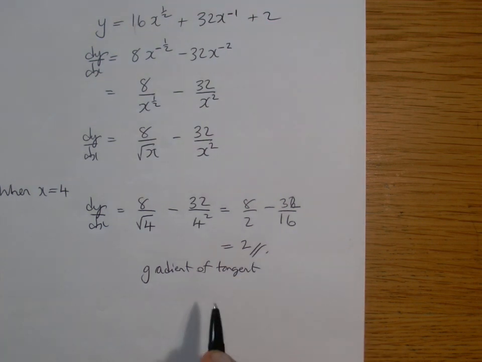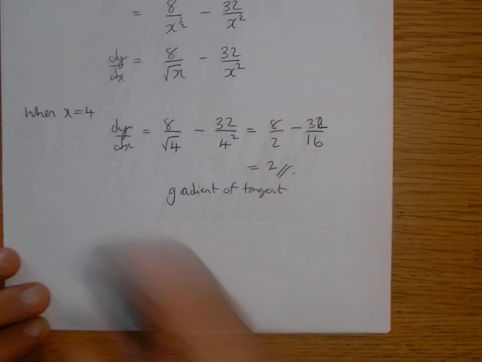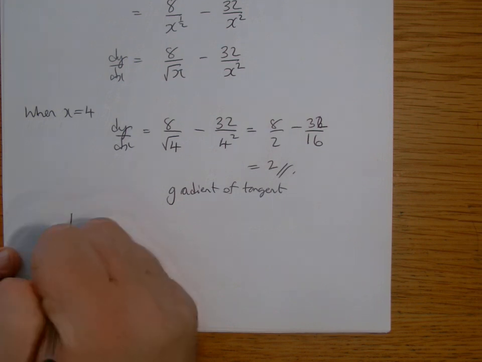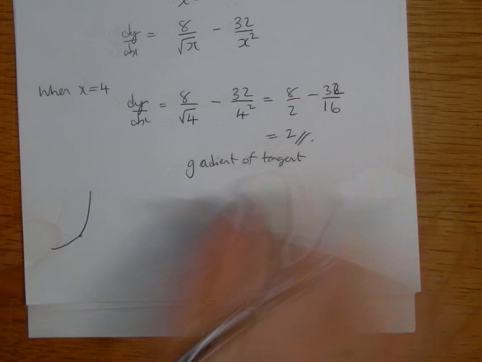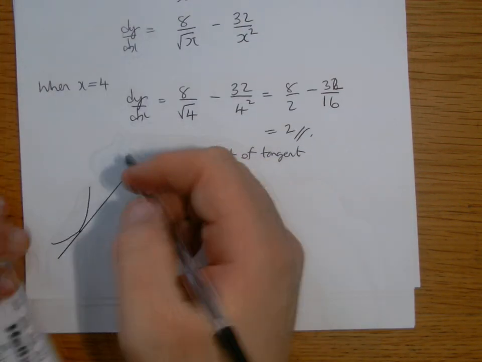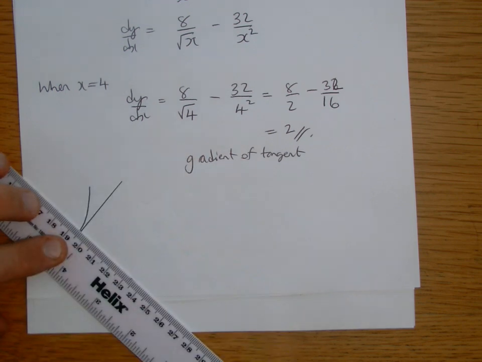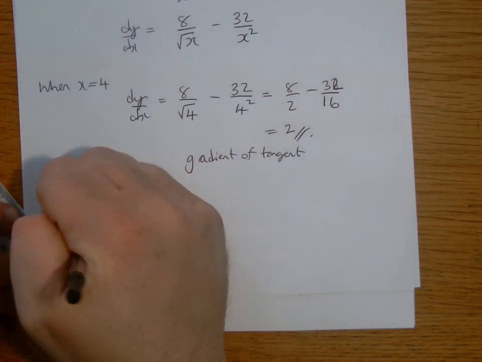If I want to get the equation of the normal, I need to get the gradient of the normal. This is the gradient of the tangent, but you just need to appreciate, if I got my tangent there, my normal is perpendicular to it, at right angles.